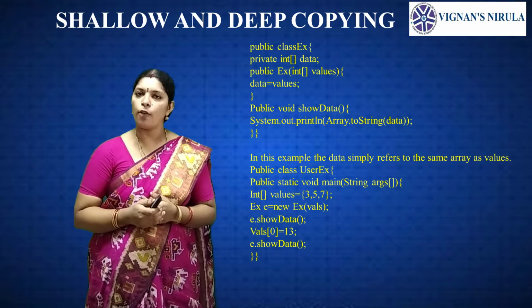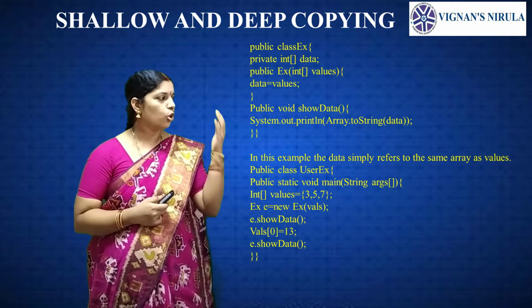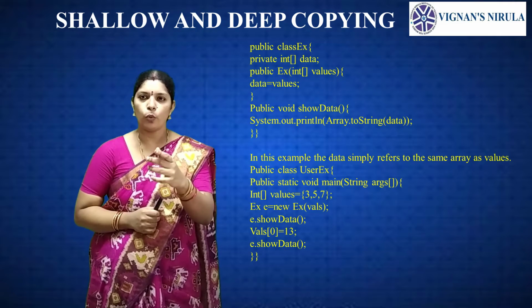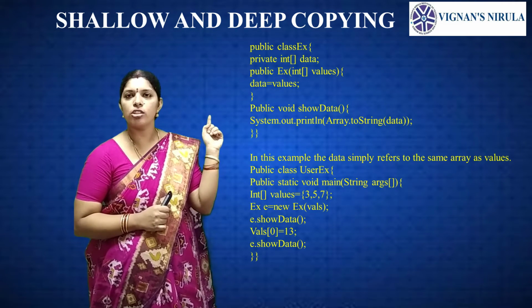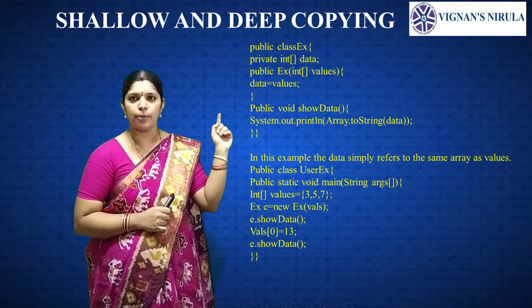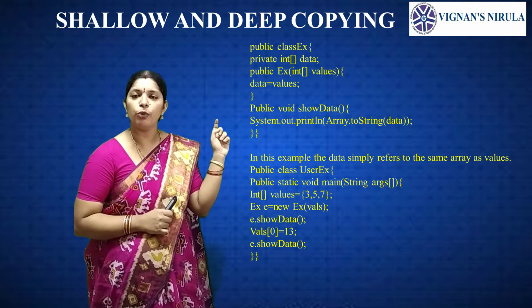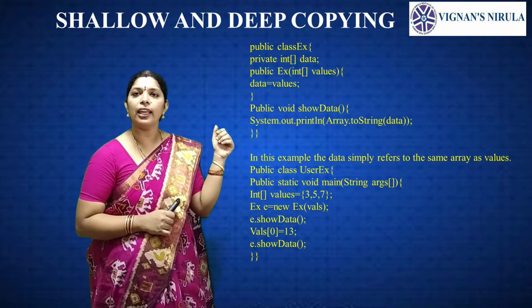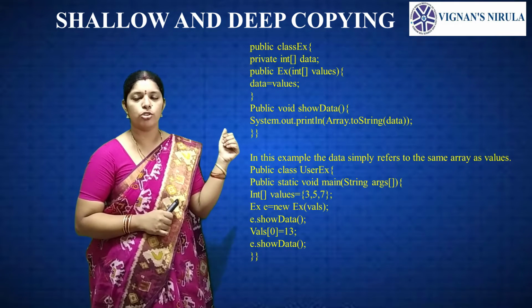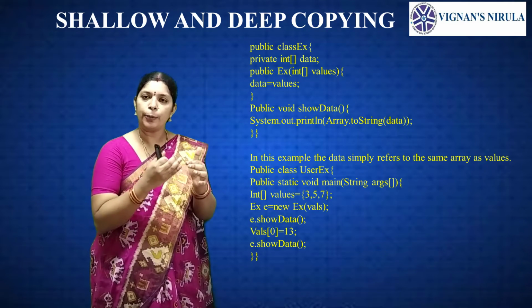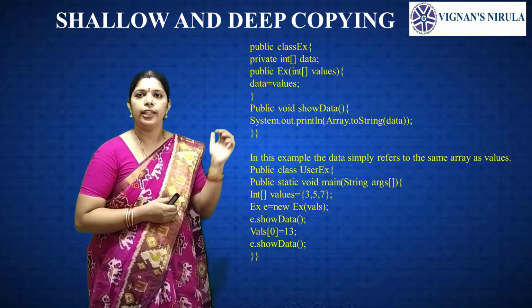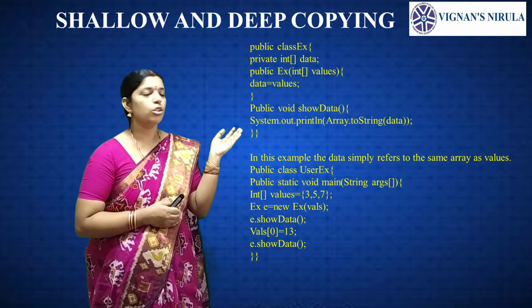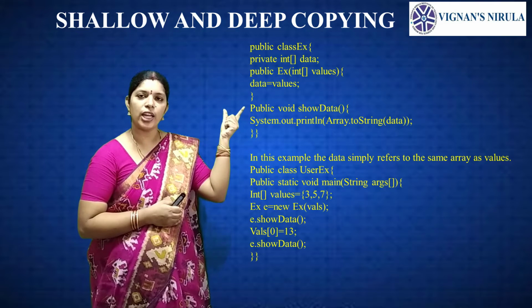Let's see one example program for the shallow and deep copy. Here in the shallow copy, we are creating an exact copy of the one original object. Here we use public class Ex as the class name, and next a private integer array data. Then public Ex of integer values, data equals values.